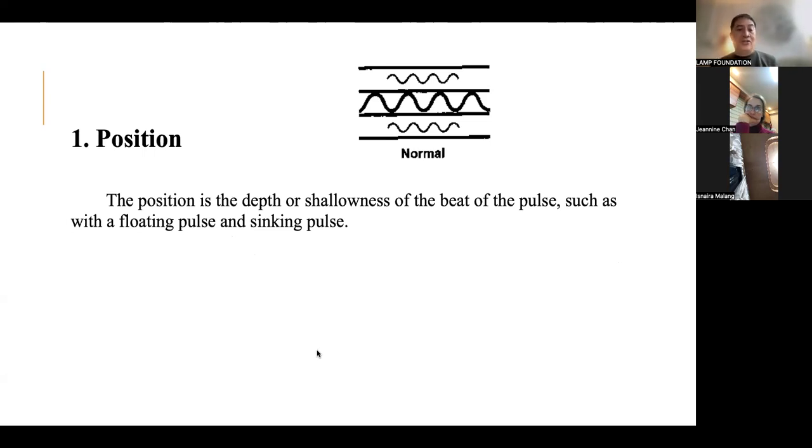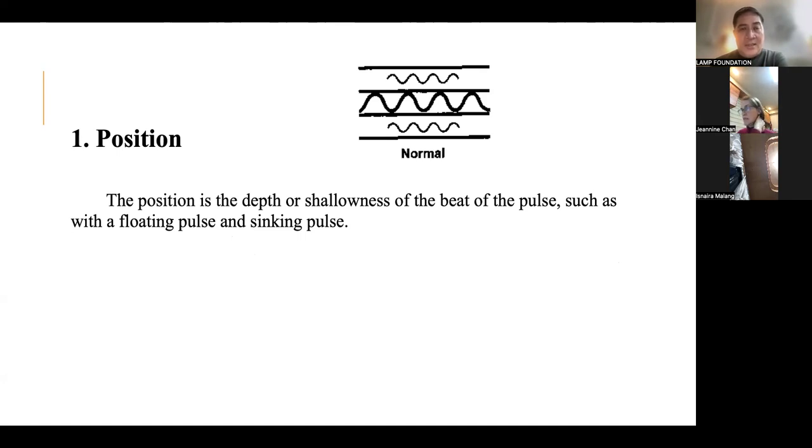Let's start with position. This is how the pulse should be felt. Normally we should feel the pulse at the middle level. How do we define position? This is the depth or the shallowness of the pulse.